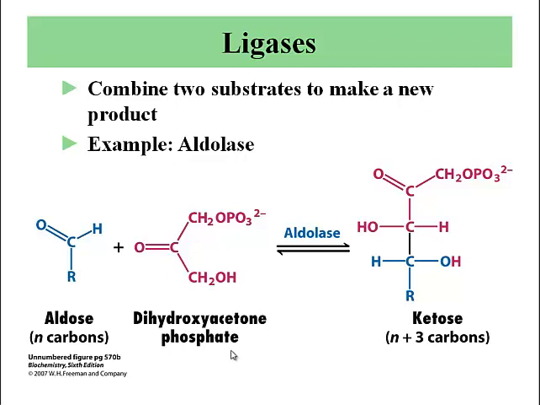It's going to take an aldose and convert it into a ketose. So it takes our aldose, combines it with our dihydroxyacetone phosphate, and forms the ketose core structure. So you're taking these 2 things, combining them together into a bigger unit.